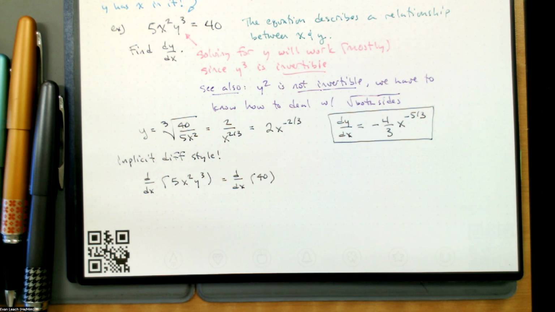The right side is easy. The derivative of 40 is 0. There's no x and y. On the left, I've got a constant 5. That's a constant factor. That's just going to carry along. But I have x squared, the derivative is 2x. And I have y cubed, the derivative is 3y squared times dy/dx. But those two things are being multiplied, so I can't just take the derivative of each of the factors. The derivative of a product is not the product of the derivatives.